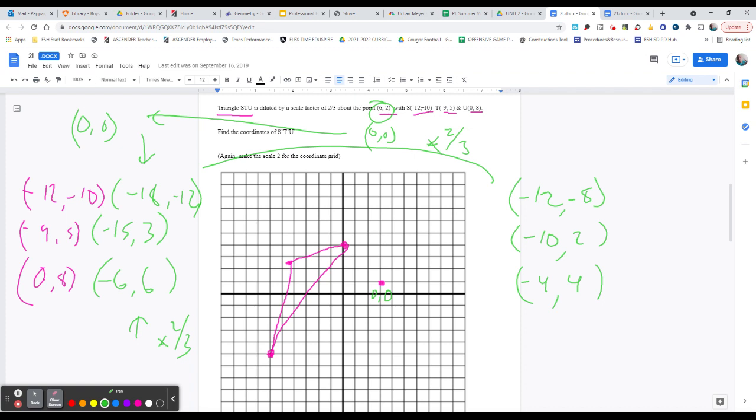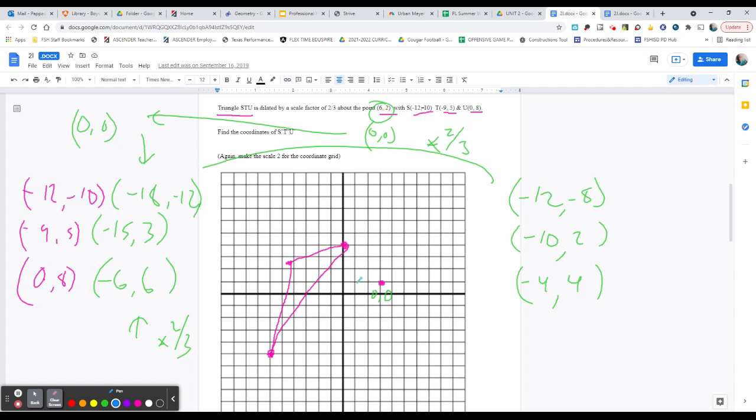Now we're still working with pretend points here, still pretending that (0, 0) is right here. Instead of being at (-18, -12), our new point is going to be at pretend (-12, -8). I'm going to do this in blue.